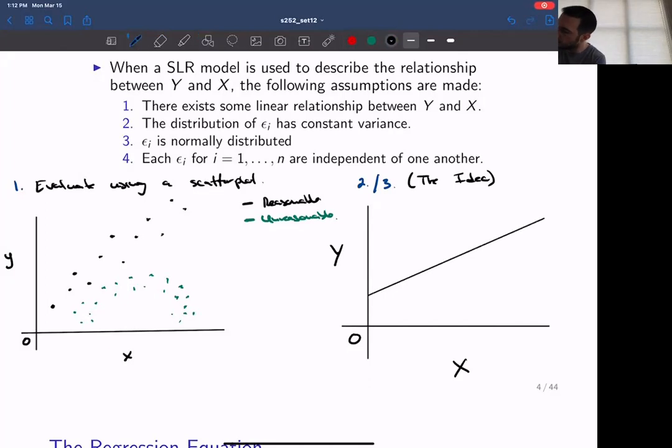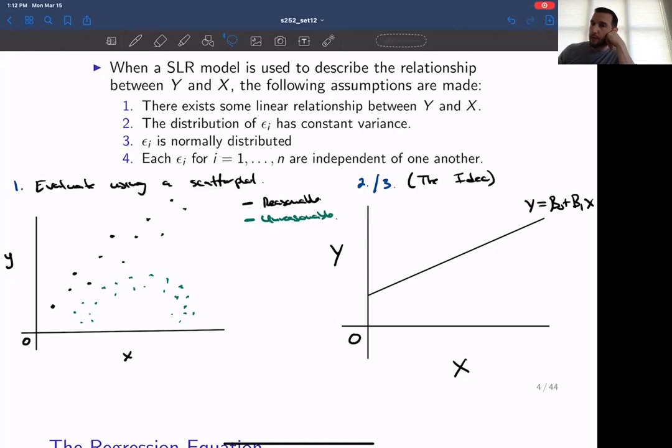The equation of this line is Y is equal to beta0 plus beta1 X. So we are making the assumption in 1 that there is actually a straight line relationship between X and Y. So Y is a linear function of X. And from a sample point of view, we can evaluate that using a scatter plot.